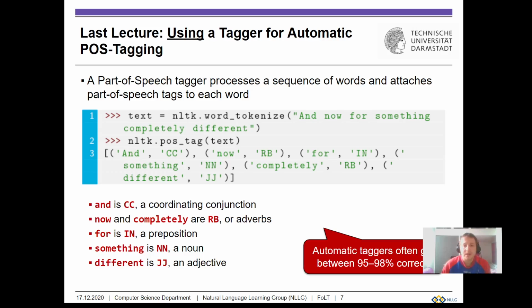We also said that we can do this automatically with a machine, with a computer, and that for, let's say, simple languages like English, current state-of-the-art part of speech taggers reach an accuracy of between 95 to 98%. In this lecture, we're going to see whether we can develop our own part of speech tagger and how close it will come to this performance level.